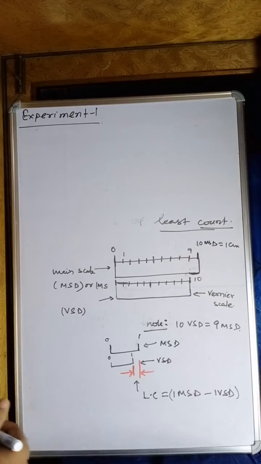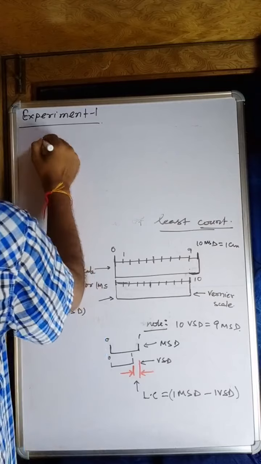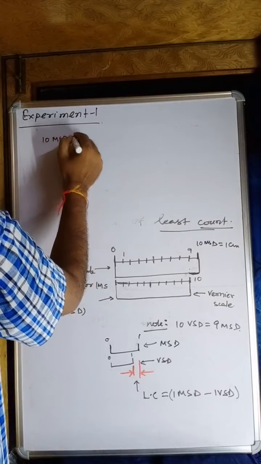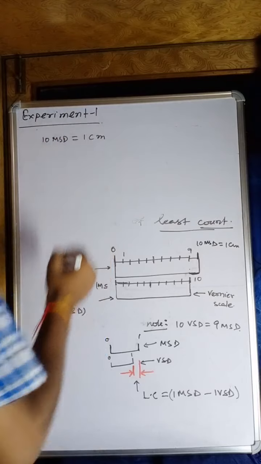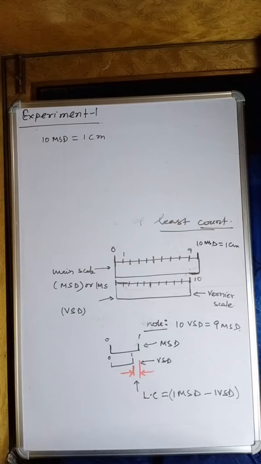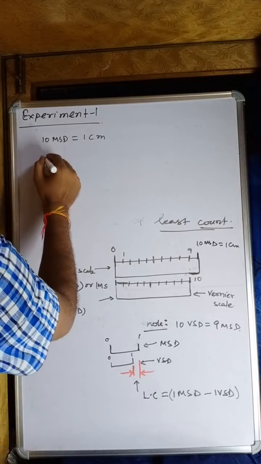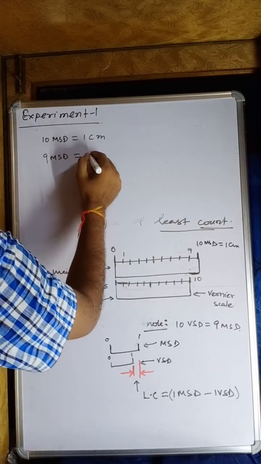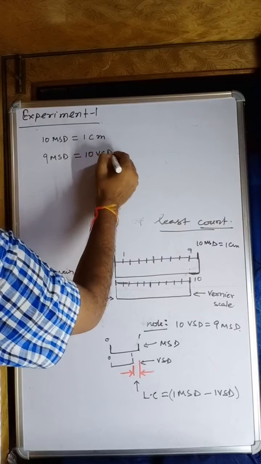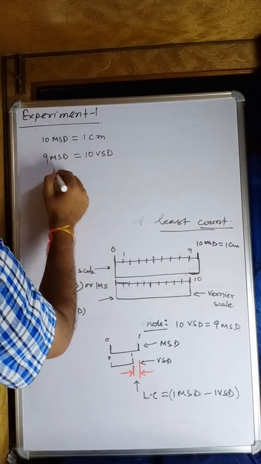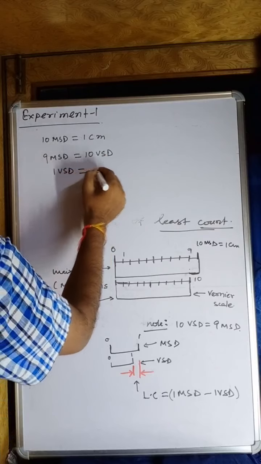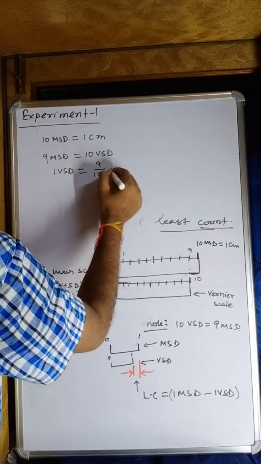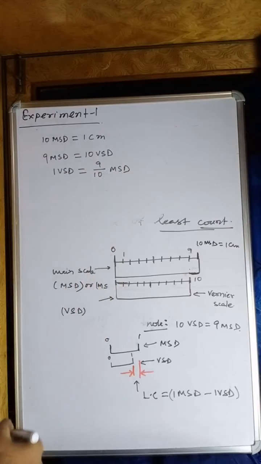So, 10 main scale divisions is 1 centimeter, okay, and 9 main scale divisions equals 10 vernier scale divisions. So, 1 vernier scale division should be 9 by 10 main scale division. Am I right?